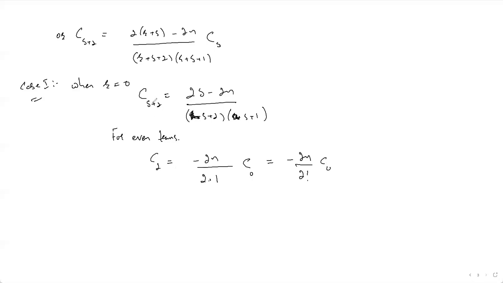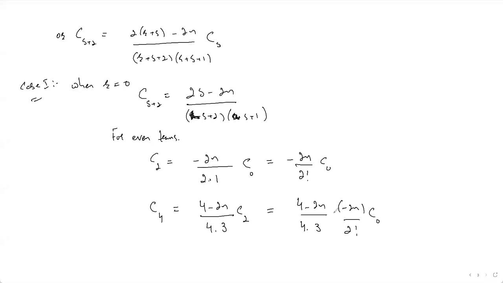For another even term, s equal to 2, it will be c4. So c4 will now be equal to, with s equal to 2, 4 minus 2n divided by 4 into 3, then c2. But we already know that c2 is minus 2n divided by 2 factorial into c0.